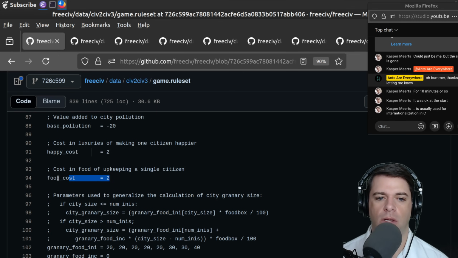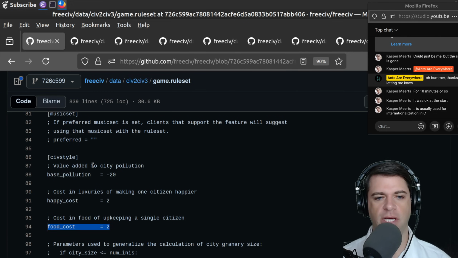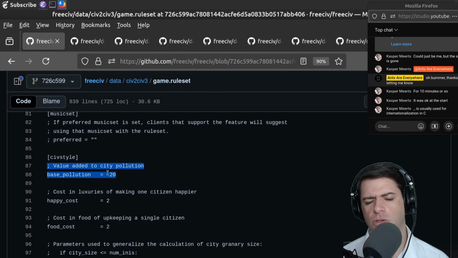So 1 citizen consumes 2 foods. I don't know if that means per turn, or if food has units of how many you can sustain, or if it's just like you have 2 corns and that person consumes them. And then the value added to city population, you have some base pollution equal to -20. Oh, city pollution.